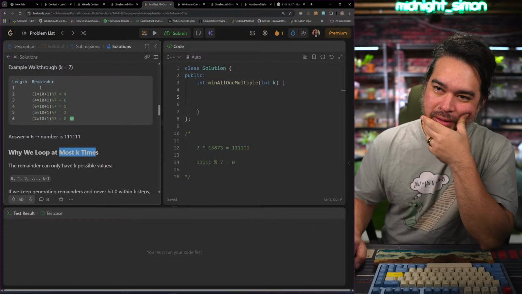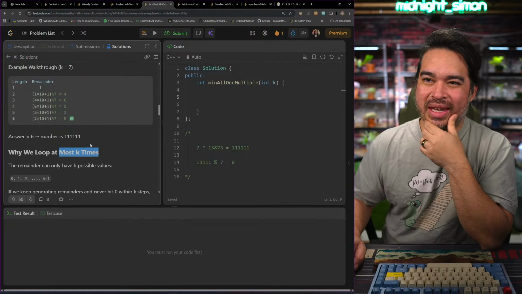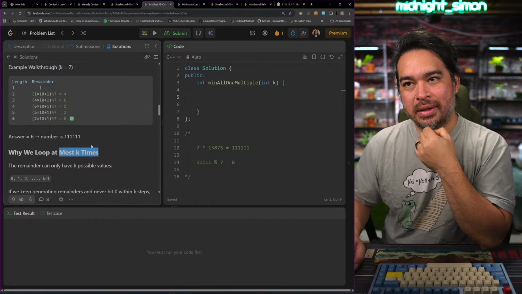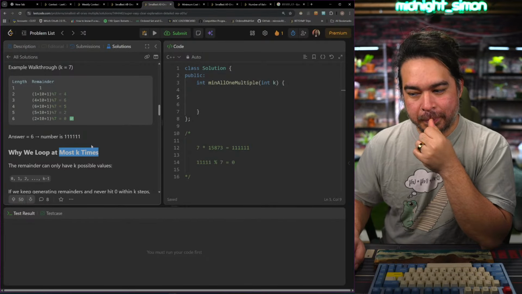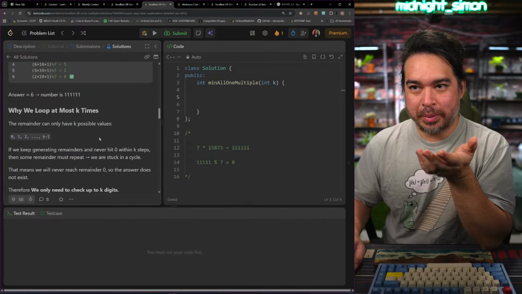Oh wait, but then how do you know if it's not possible? Because you loop at most k times? Interesting. How am I supposed to come up with this part?